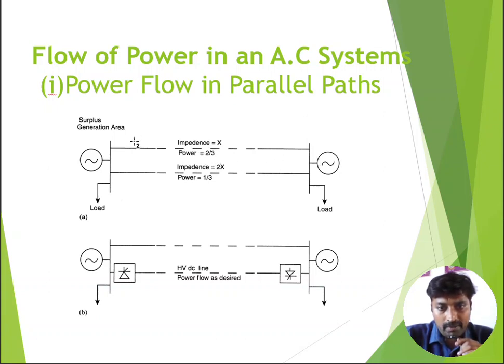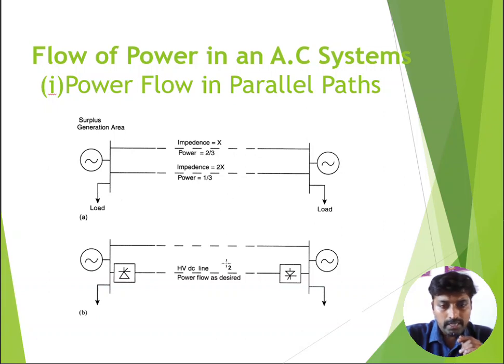That means two-thirds of the power can be transferred from the top line, and the remaining one-third by the other line. So based on the impedance, power is transferred from the surplus area into the deficient area to satisfy the local needs of the load. That means this conductor, based on the impedance, is always overloaded, while the load on the second conductor is less. This is the disadvantage in AC transmission.